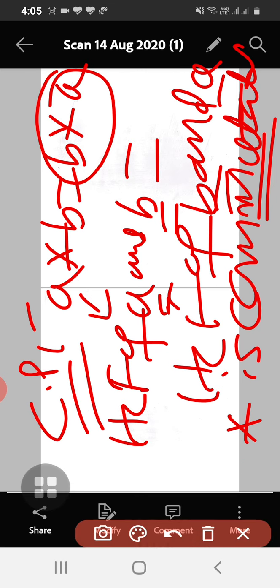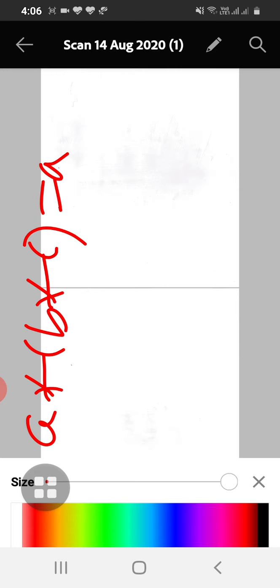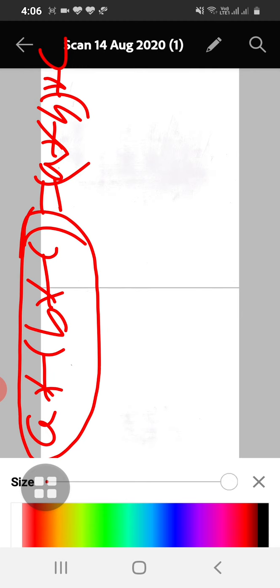Let us consider the next property, the associative property. What do we have to prove? A star B star C. I will consider one side at a time. I will work out this side and you compare it with the other side.